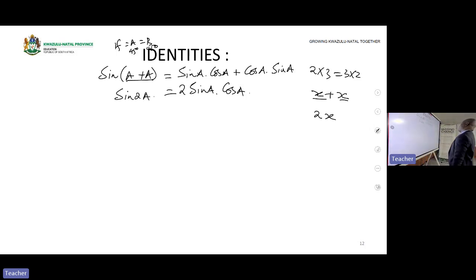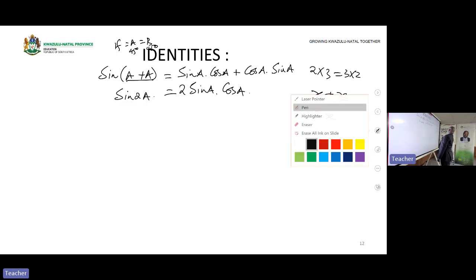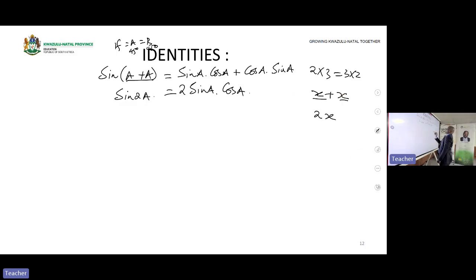What is important here, learners, is to observe the pattern in terms of angles. The angles here are doubled. The coefficient of the angle here is 1. To move from here to there, you multiply by 2, but from here to there, you divide by 2.